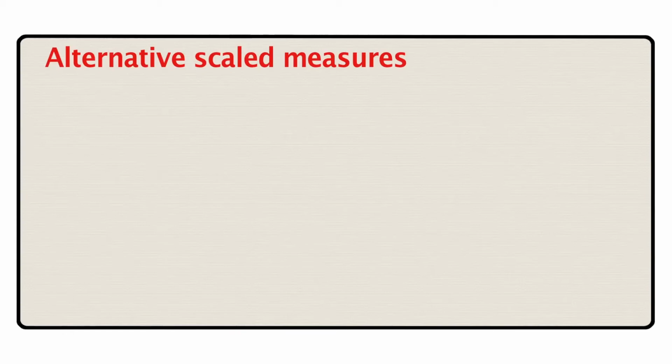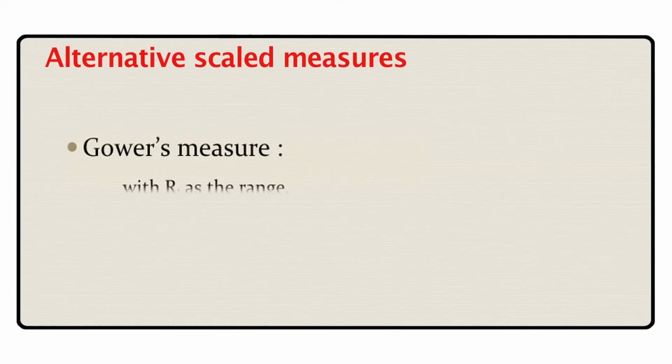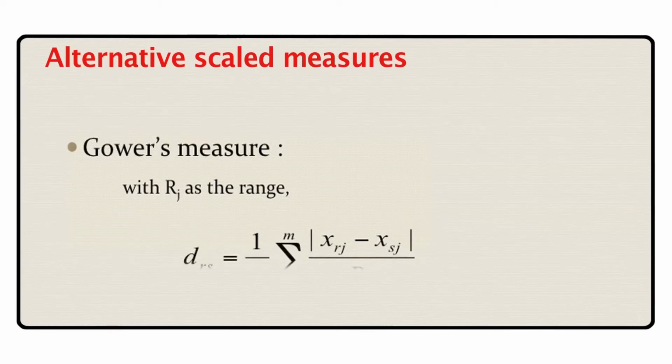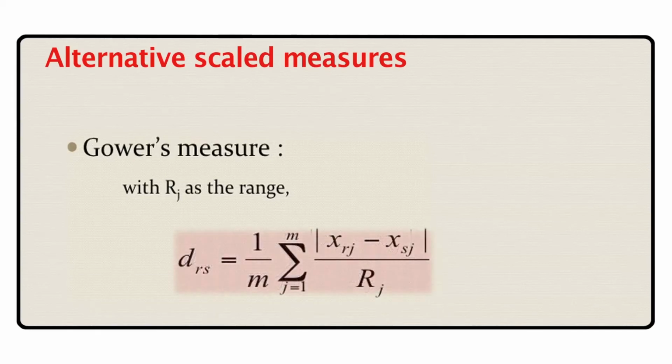Alternative scaled measures are the Gower measure. Now the Gower measure uses the range as the norming factor, and it uses the range to divide the absolute difference between the elements of the rth individual and the sth individual, sum them up and then divide it by m, take the average of this.